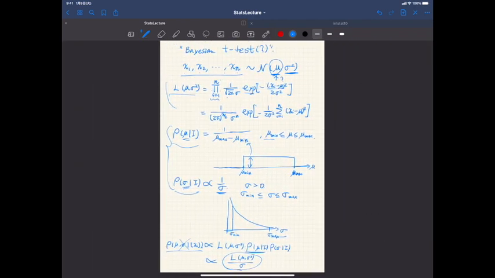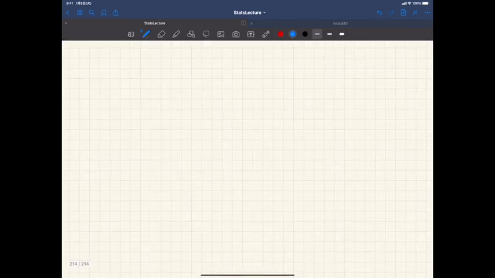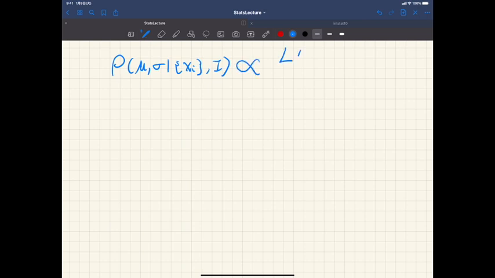Okay, this can be done by integrating out over sigma. So we have this posterior density given data and some prior knowledge. It's not equal, it's proportional to this, and sigma.